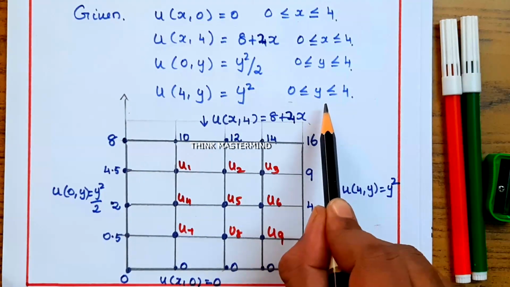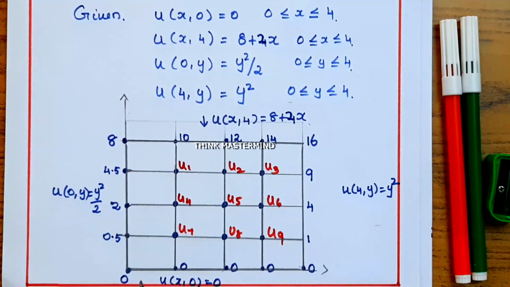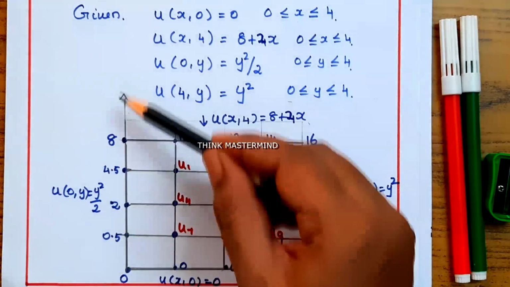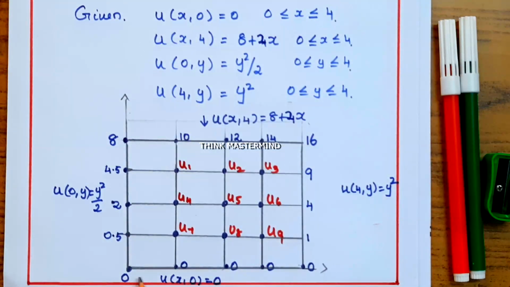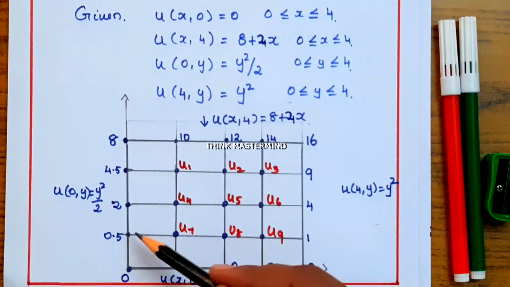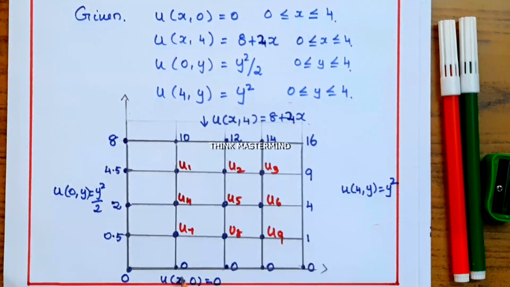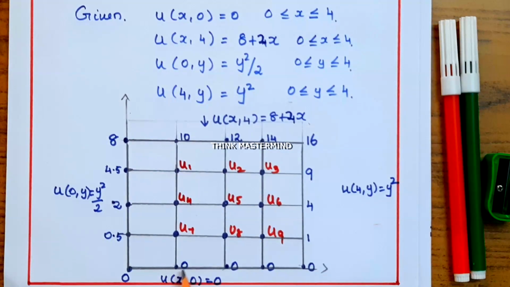Here we are considering a square mesh of unit length 1 along the x-axis and y-axis. Consider the x-axis and the y-axis. Then the different values of x, that is x is equal to 1, 2, 3, 4. Similarly, y is equal to 1, 2, 3, 4. I am writing here the points as the u value.